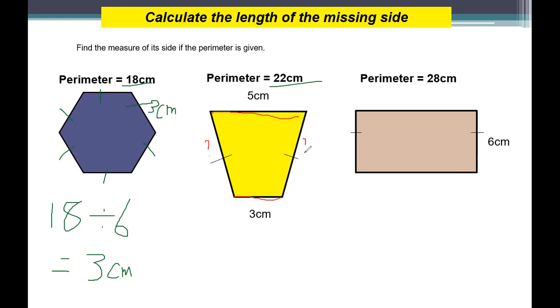So the first thing you have to do is add the given sides. So 5 plus 3 is 8. Then, since we were adding, now we are going to subtract. So 22 minus 8 is 14.